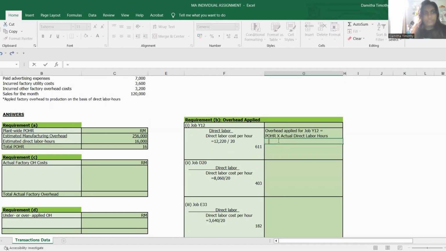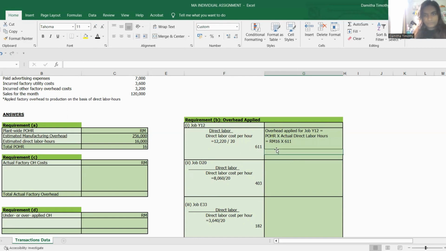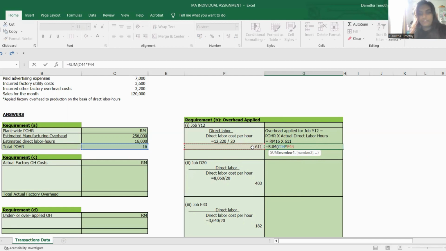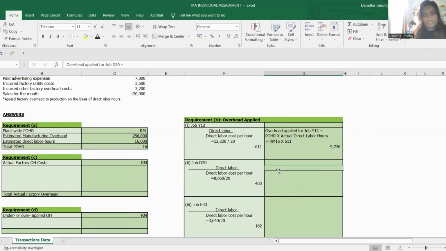So the calculation will be 16 times 611, and the answer is 9,776.